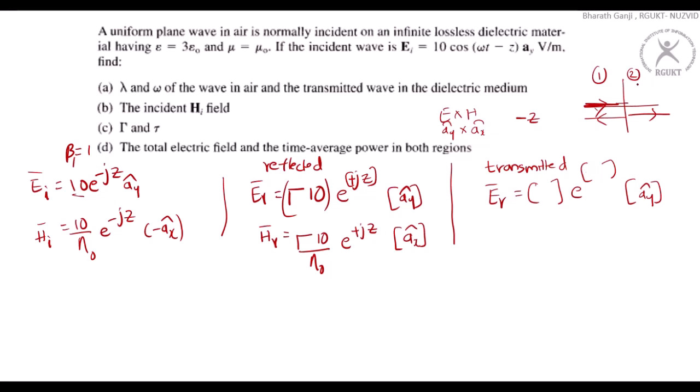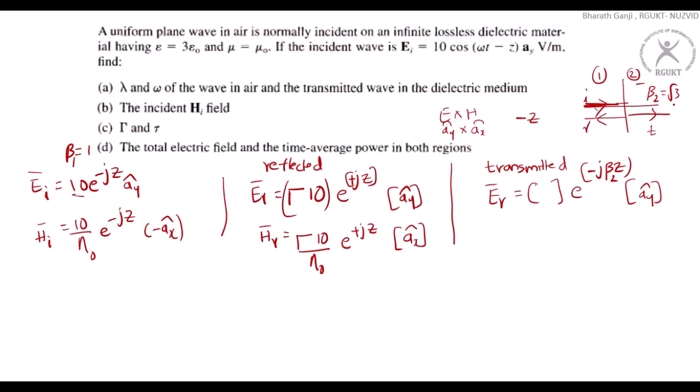Because the transmitted wave is traveling in the second medium, and here the propagation constant was root 3, right? So in this numerator you need to write minus j beta 2 times z. Why? Because it's a wave traveling in the positive z direction. So this is your transmitted, this is your reflected and this is your incident wave.